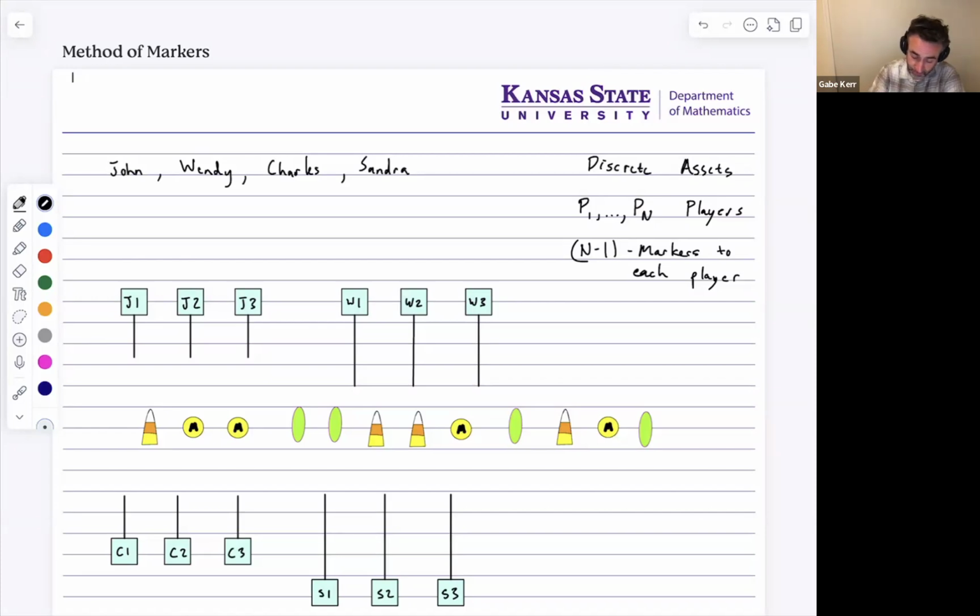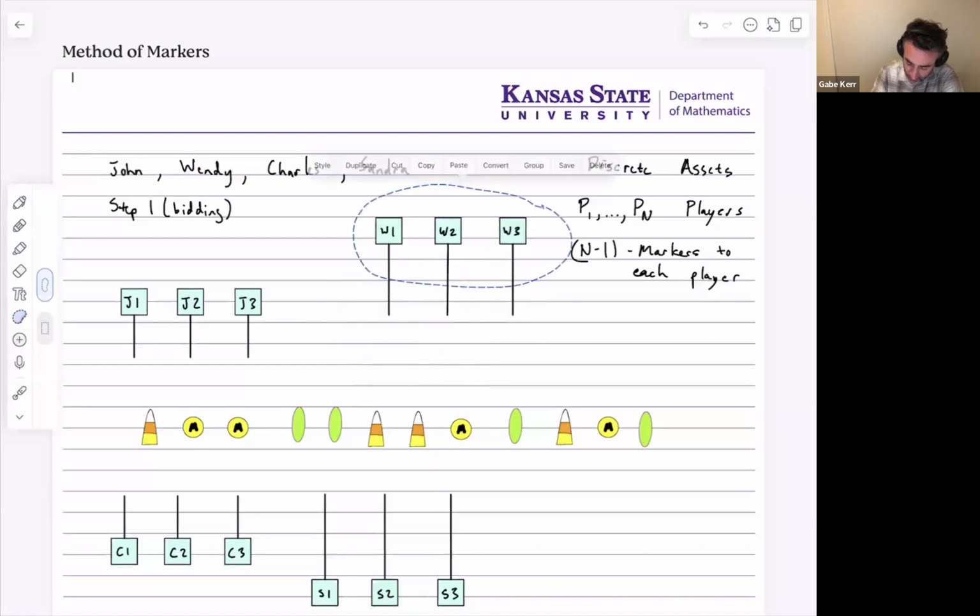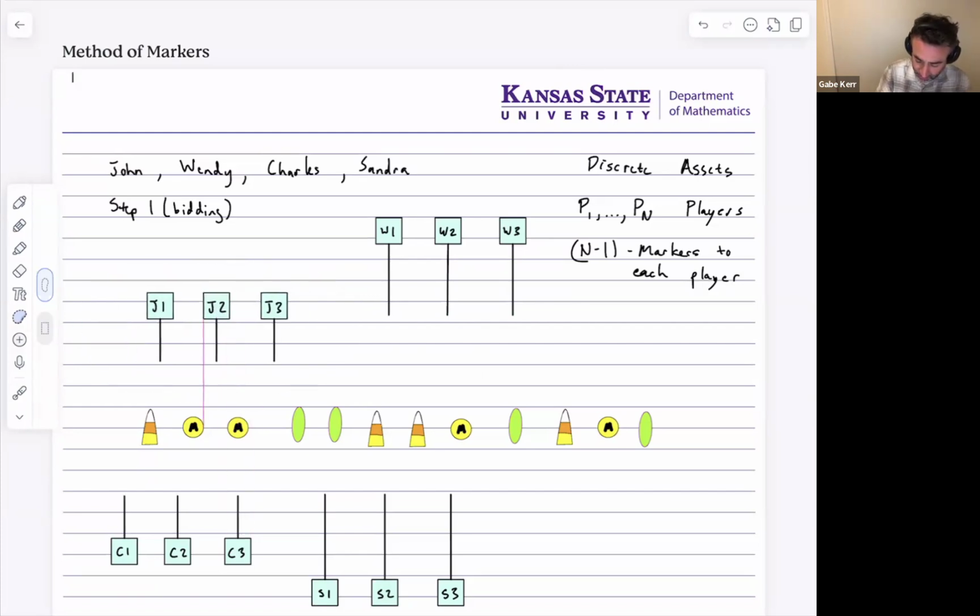And the first step, step 1, is bidding. What each player has to do, one by one, is choose how they want to divide up or break up the candy linearly so that they think each part is a fair share. So let me explain. John has these 3 markers.